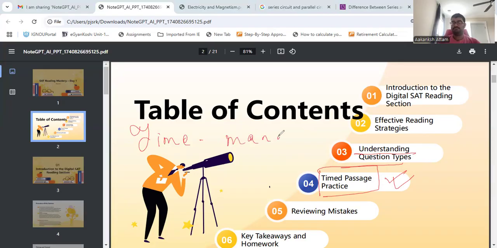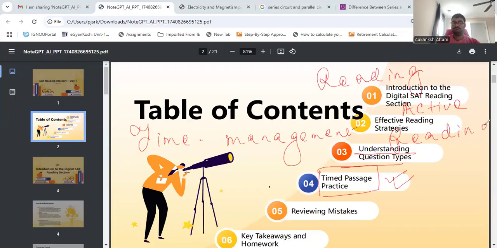So you need to understand the differences between reading and active reading. So what is the difference between reading and active reading? Reading is when you are simply trying to interpret the literal meaning of a text.